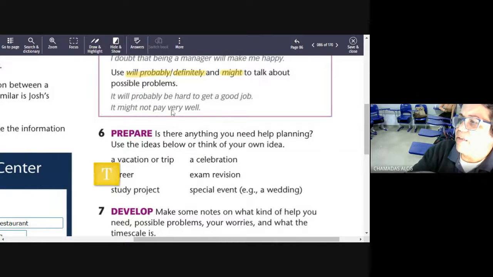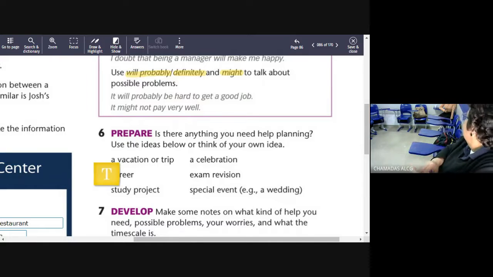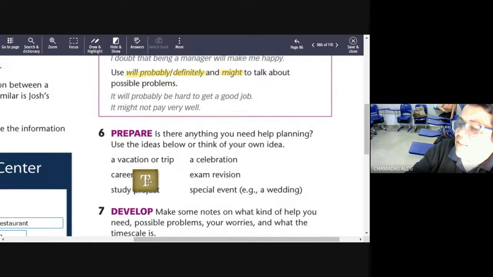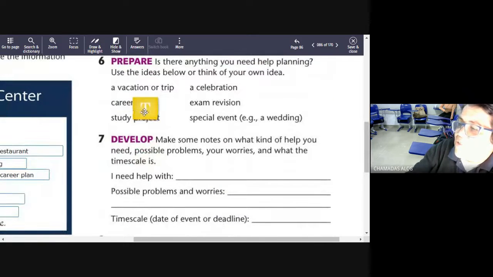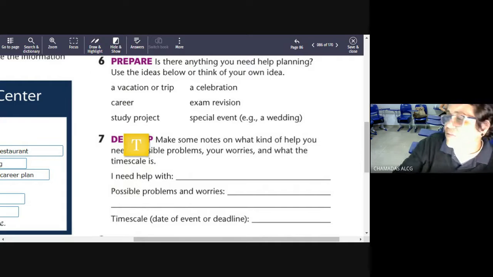So we can say, suppose I want to go to the Northeast. Imagine December, a lot of people traveling, and I want to go to Fortaleza, for example. So it will probably be hard to get a discount ticket, right? Because the tickets will be very expensive, especially in December, okay?